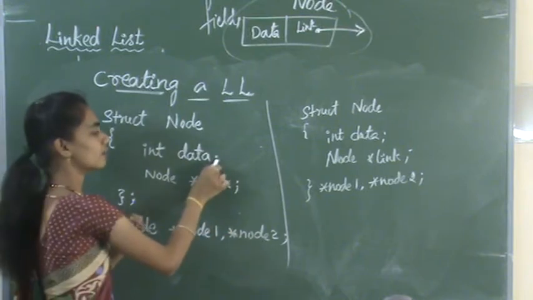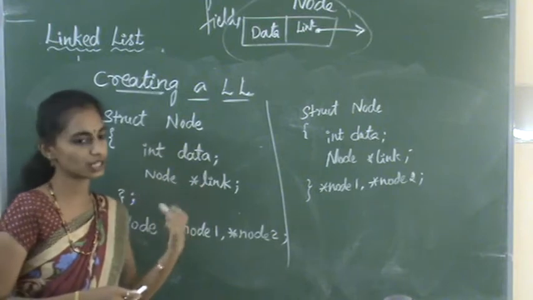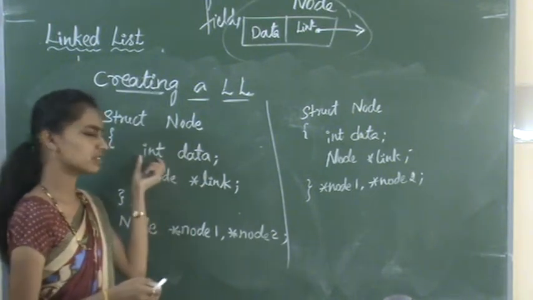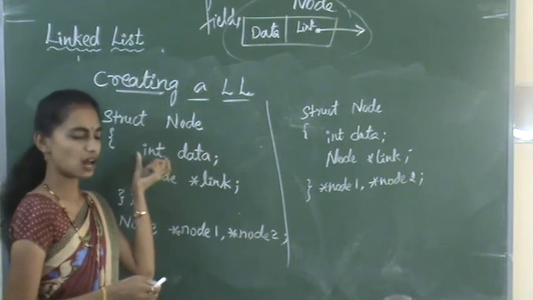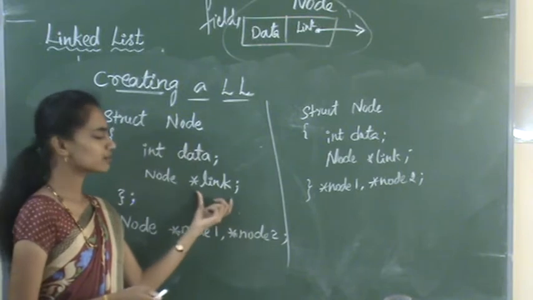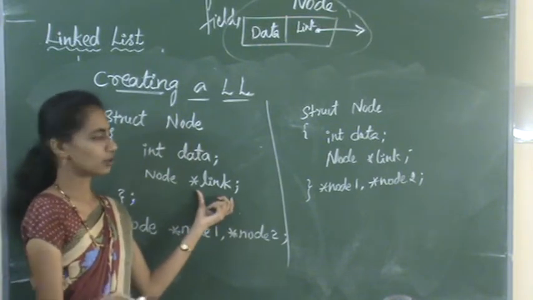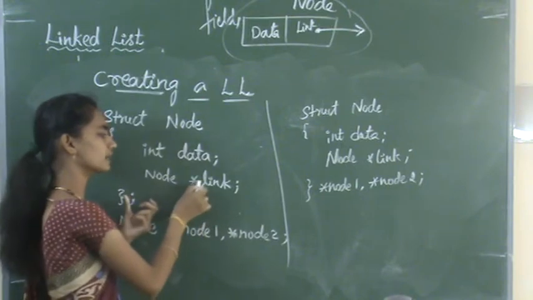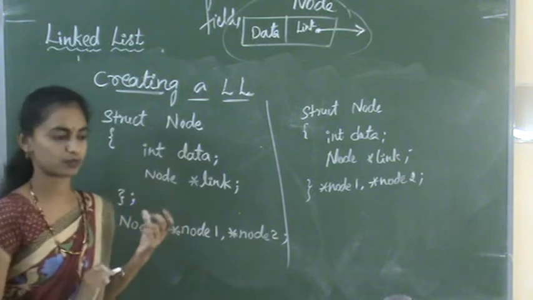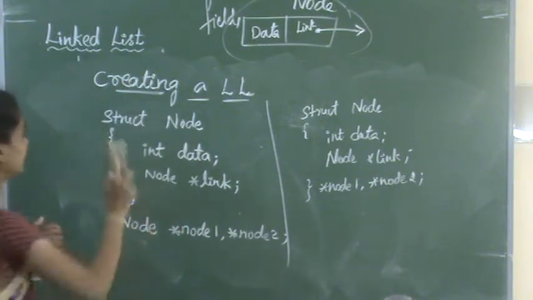This data field is of type int because I am providing integer values. If I want to provide characters, you can change this data type to char. Then we have the link field, which contains the address of the next node, right? That's why I am using a pointer variable, which is of type structure. Okay, so this is how we are creating the linked list.